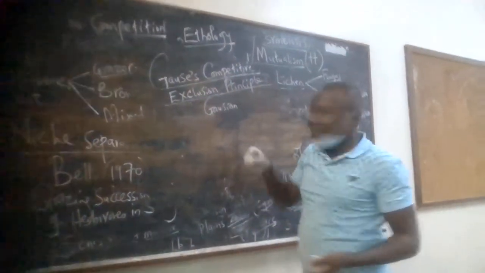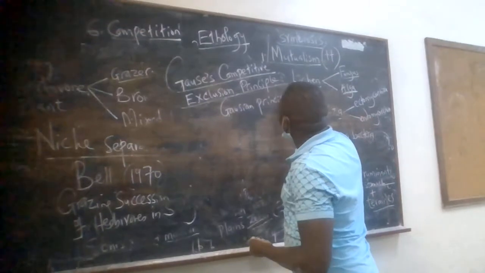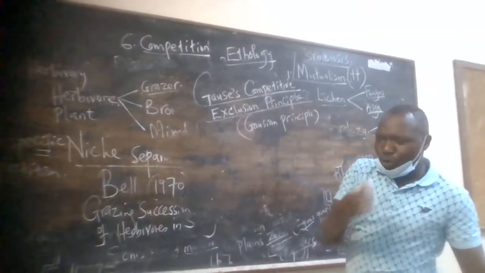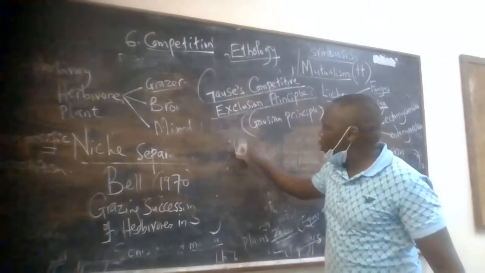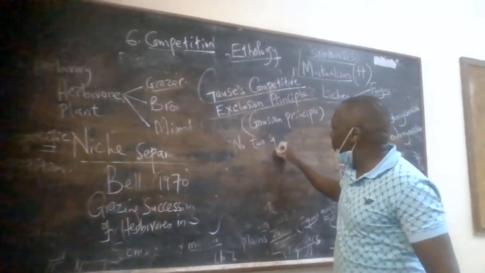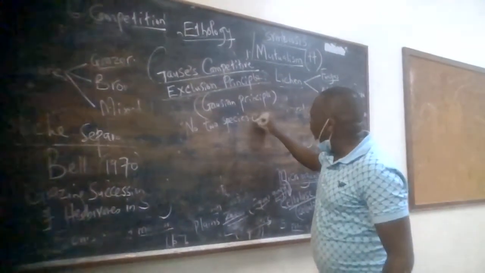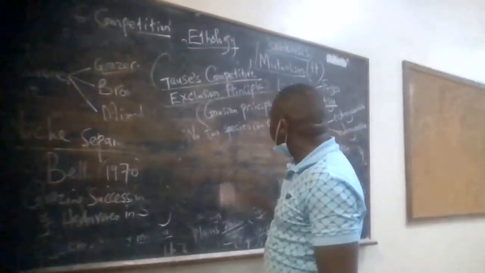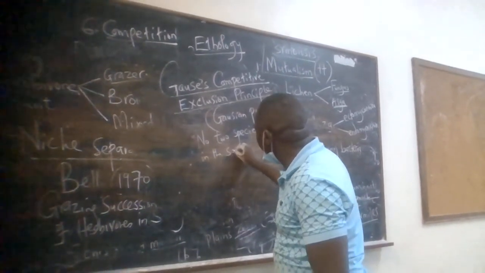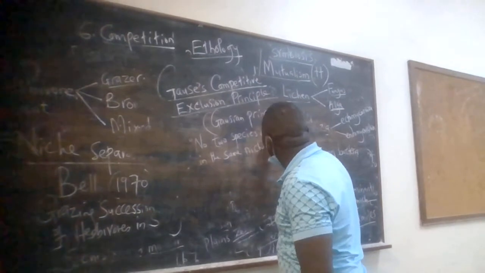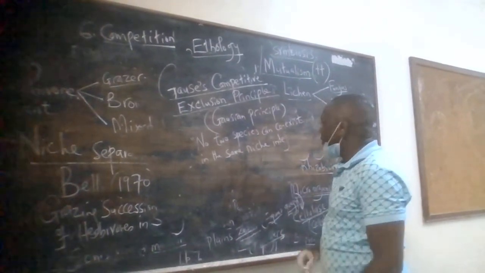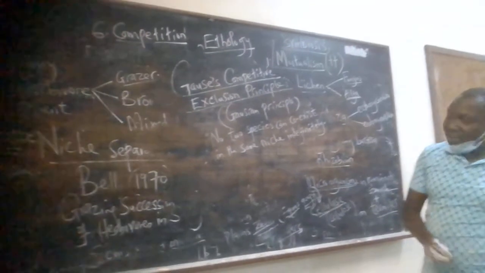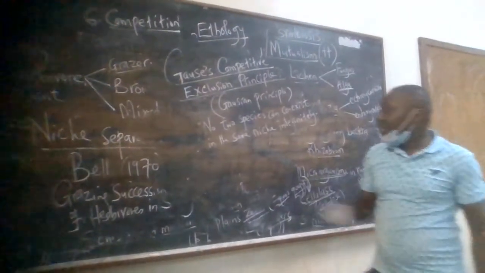It is about competition. So if you hear anything called the Gaussian principle, that is the competitive exclusion principle, which states that no two species can coexist in the same ecological niche indefinitely.